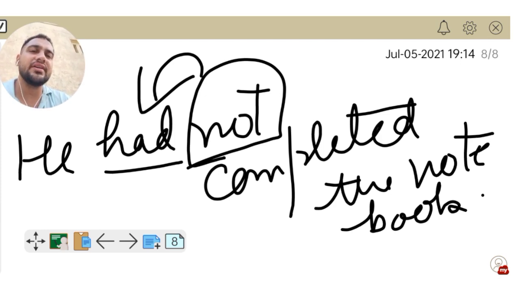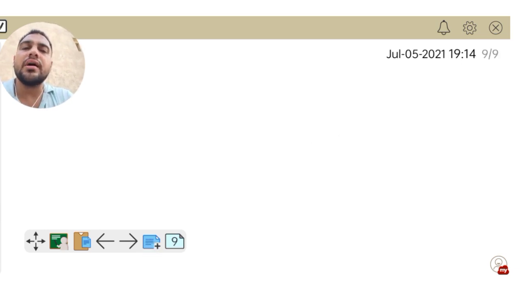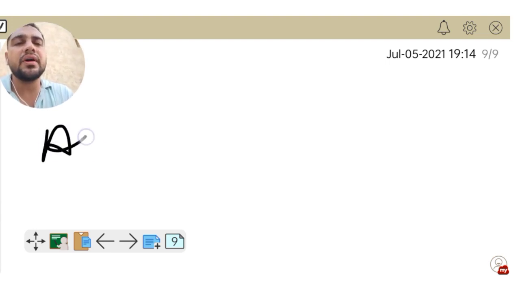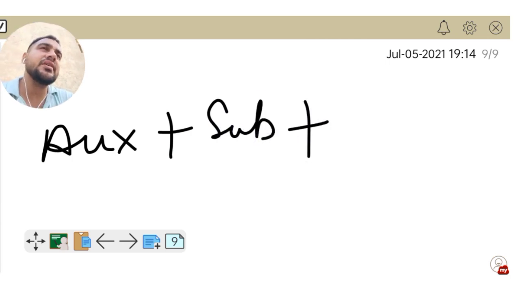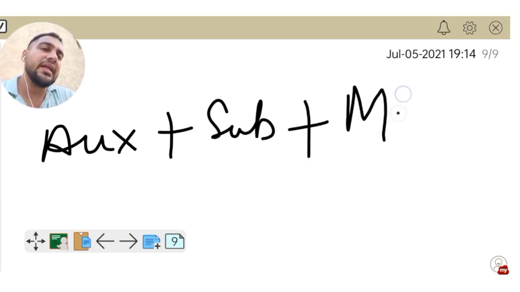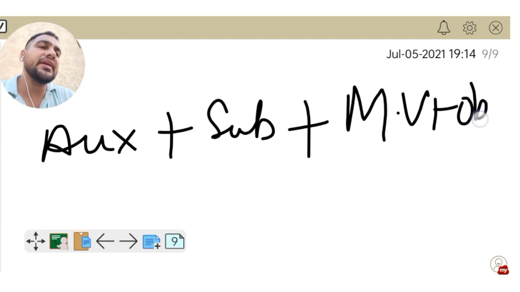Whenever there is a negation sign, it will come after the helping verb in case of a negative statement. But when it comes to the interrogative statement, we know the shifting of the auxiliary verb with the subject. So the auxiliary verb comes at the first place, then the subject, then the main verb, and then the object, in case of only and only interrogative statement.